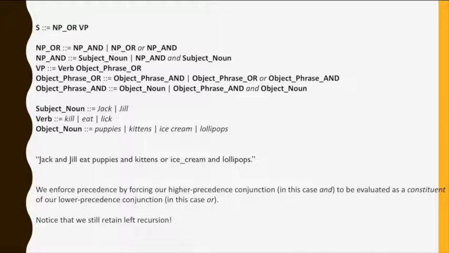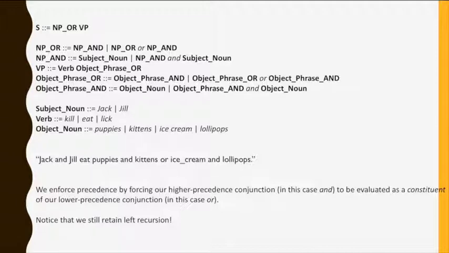Now, Andrew, can you think of any possible way with this grammar as we have it now? And guys, of course, remember that our object phrase or and object phrase and follow basically the same exact idea as the NP or and NP and. Do you think we can possibly draw any kind of parse tree where the NP or is going to come below the NP and, keeping in mind that the NP and can only ever be a constituent of an NP or?